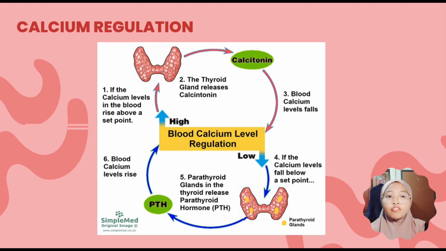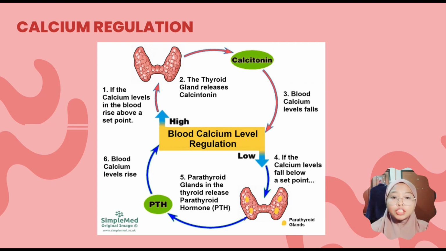Then, a low level of calcium in the blood stimulates the parathyroid glands to release more PTH, also known as parathyroid hormone. Parathyroid hormone promotes release of calcium from the extracellular matrix into the blood and slows loss of calcium in urine, thus increasing blood calcium level.